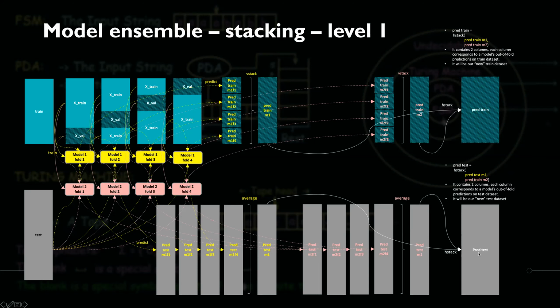It's the same thing for the pre-test, which comes with two features, and each feature is the prediction from one of the models we used. And for pre-train, we also have the label derived from the original training data set. Now we can move forward to train our stacking model.